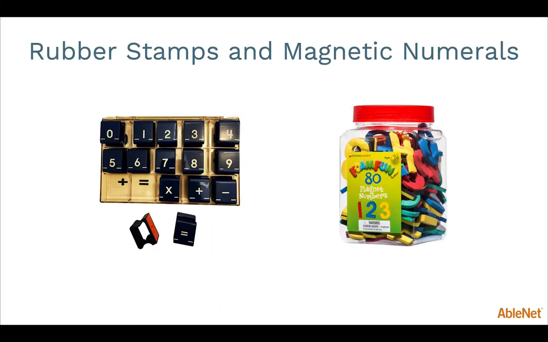This shows the large number and symbol rubber stamps and the magnetic numerals. Both manipulatives assist students who need support when writing numerals, math symbols, and equations. When using the stamps, there are some adaptations that may be helpful for some of your students once the student chooses the appropriate stamp.